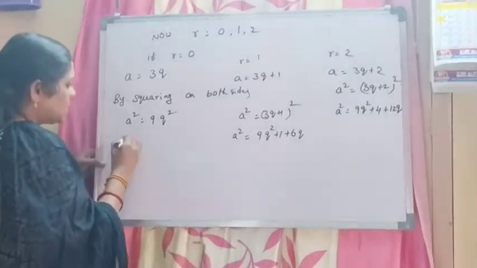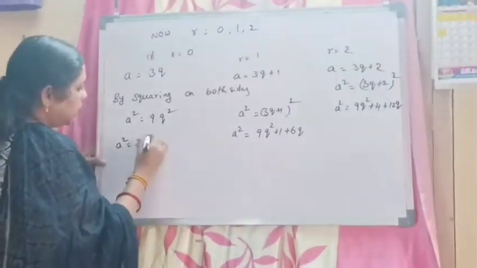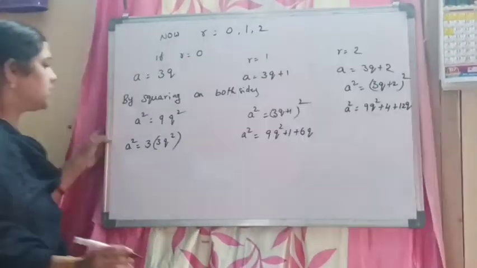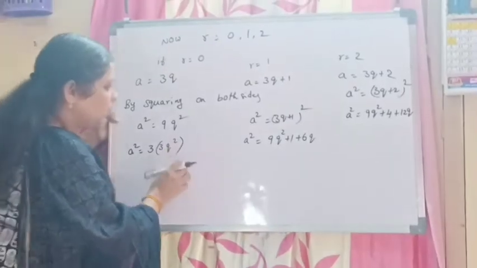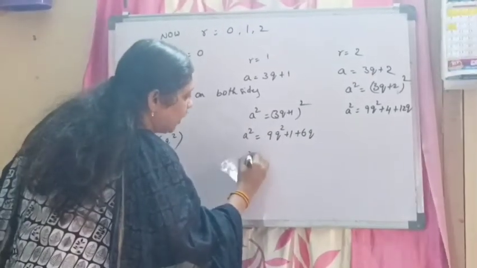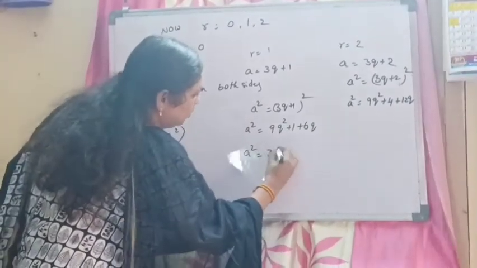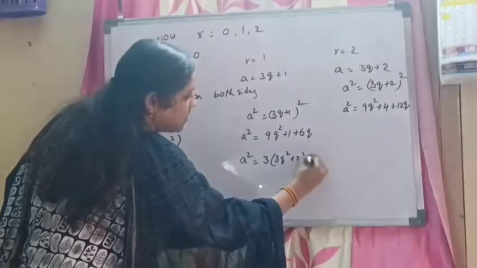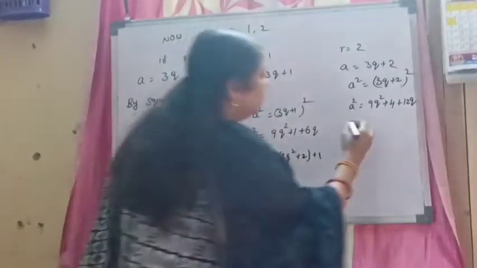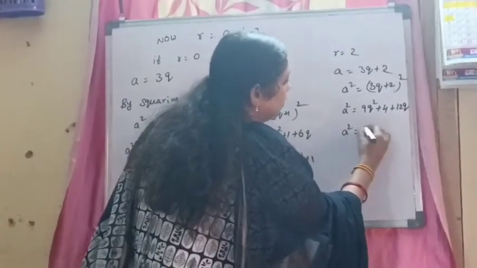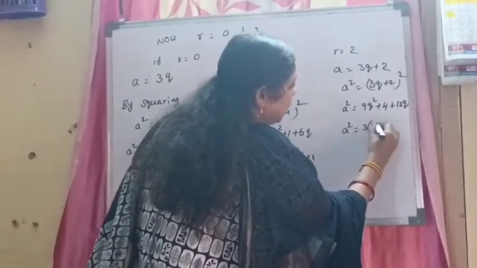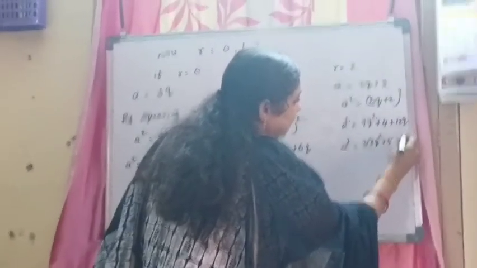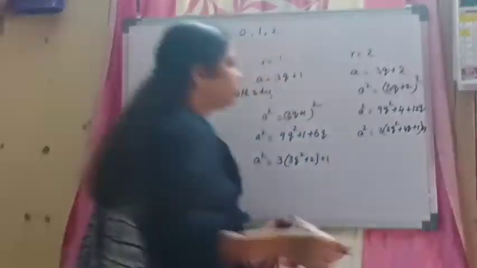Now a square is equal to 3 into 3q square. Here a square is equal to 3 into 3q square plus 2q plus 1. Now a square is equal to 3 into 3q square plus 4q plus 1 plus 1.